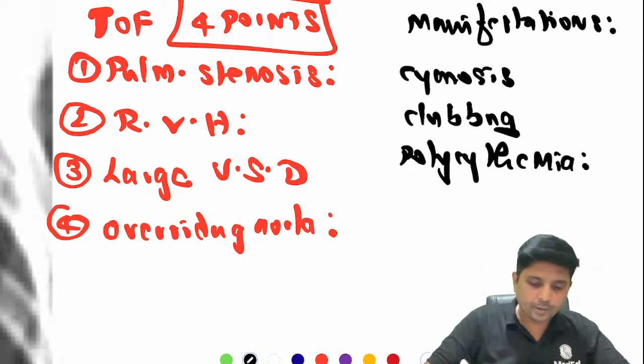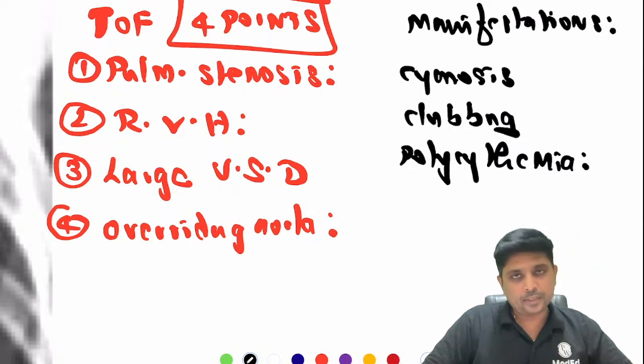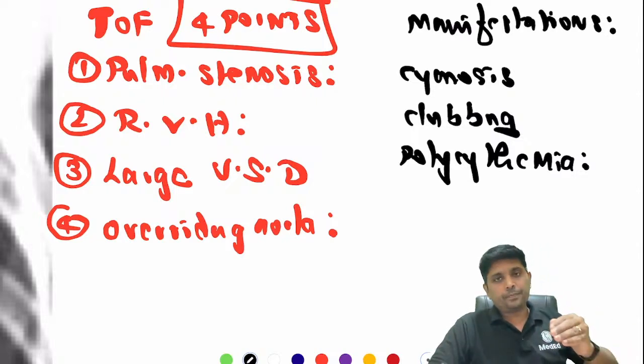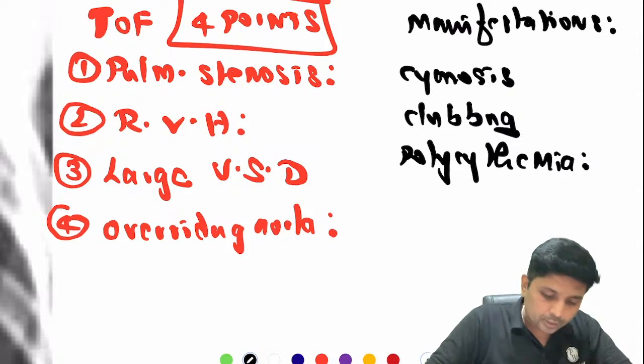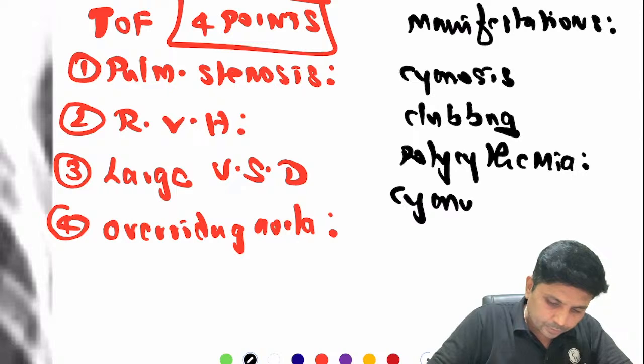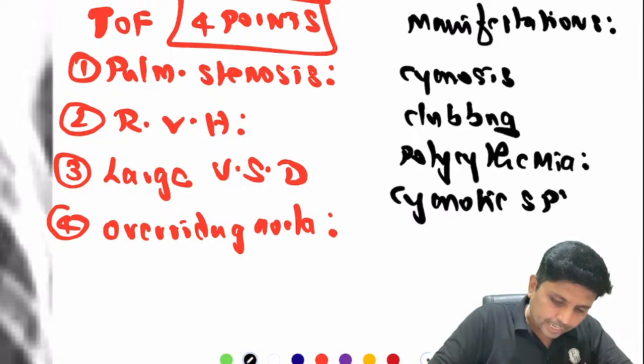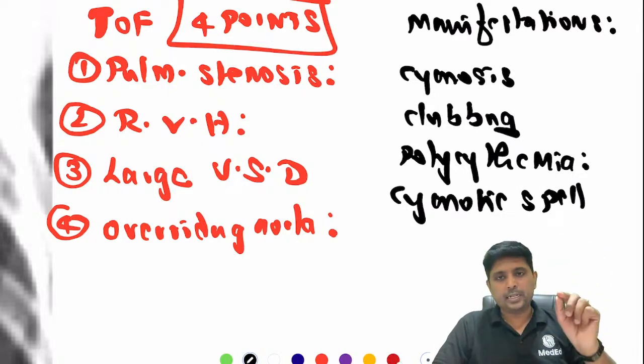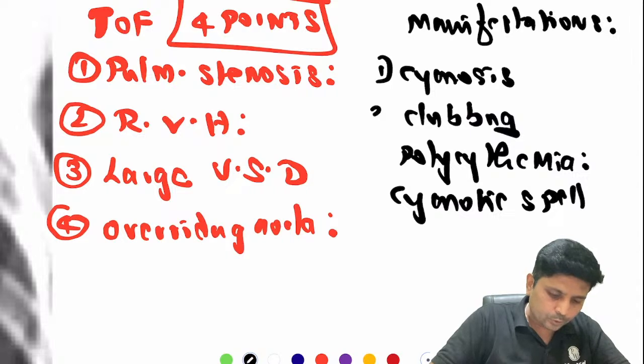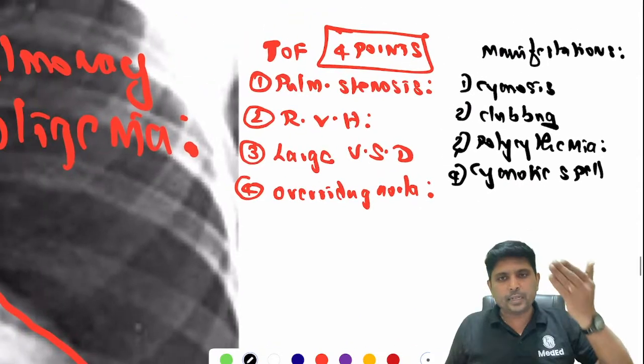Severe cyanosis can also lead to cyanotic spell, otherwise known as dead spell. So cyanosis, clubbing, polycythemia, and then cyanotic spell. These are all the manifestations.